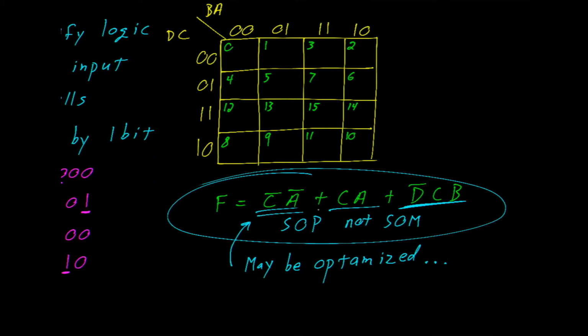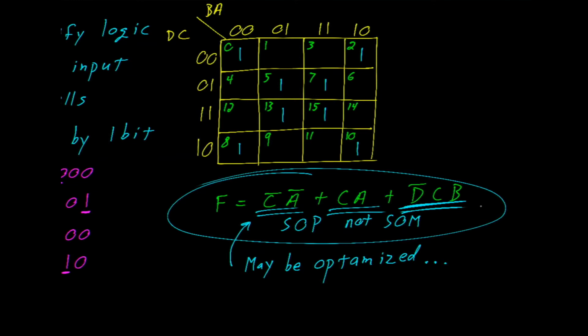The first term is C' A'. So here's C', and A' is here and here. So it looks like that first term describes the 4 corners. The next term, C A, would be defined by the C rows and the A columns, which means that describes the 4 minterms in the center.